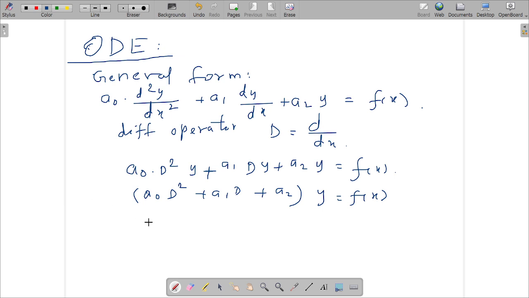Symbolically we can write this as f of D y equal to f of x.